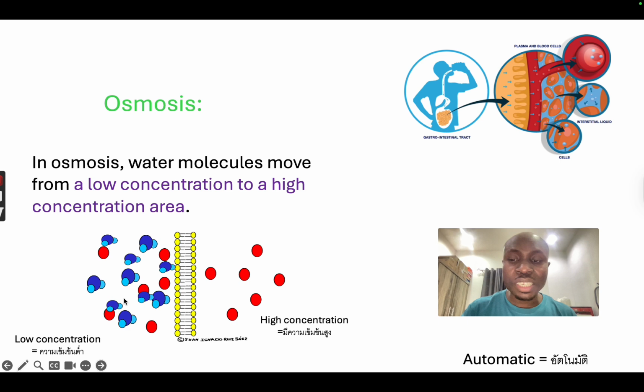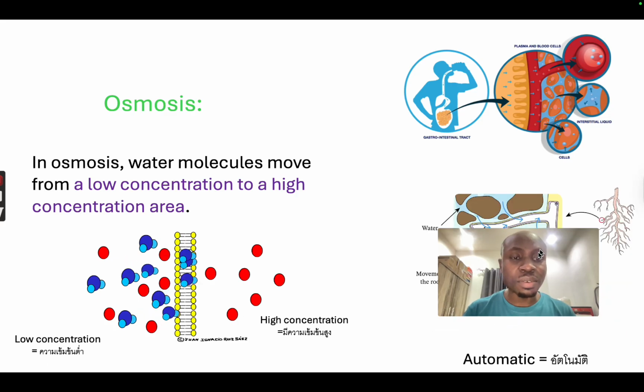The water molecules move past a membrane, for example the cell membrane. This is osmosis, and it is automatic. It happens by itself.